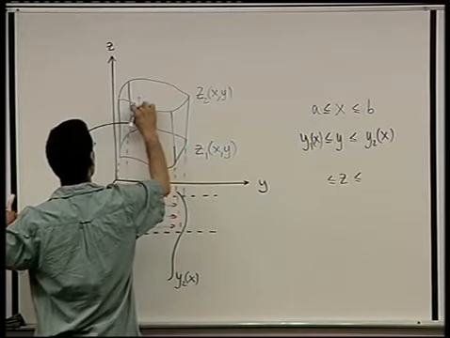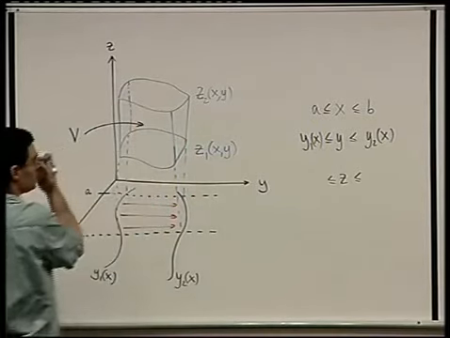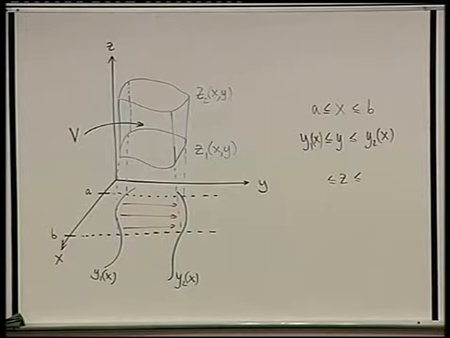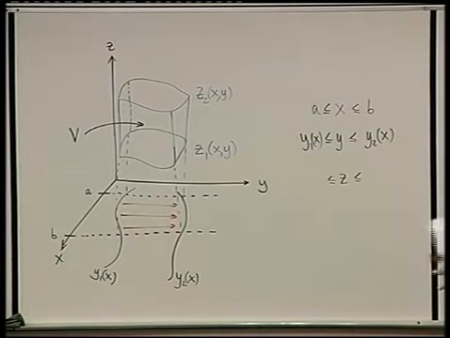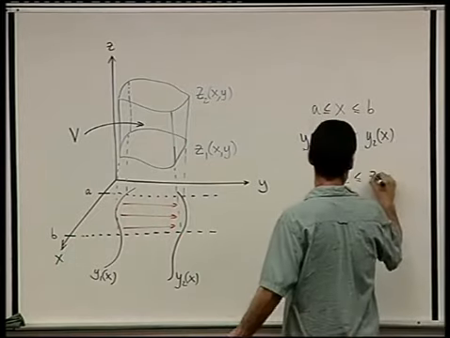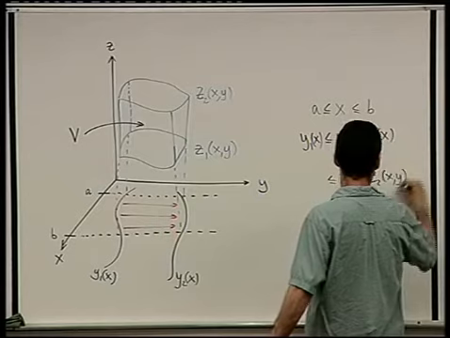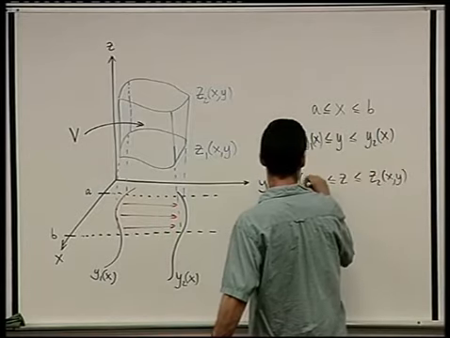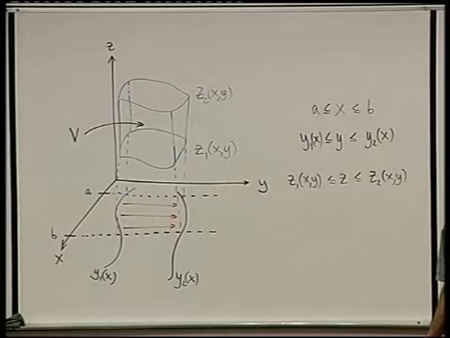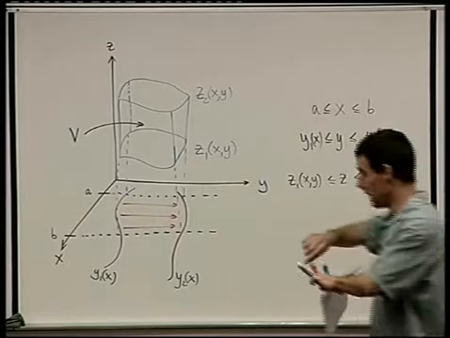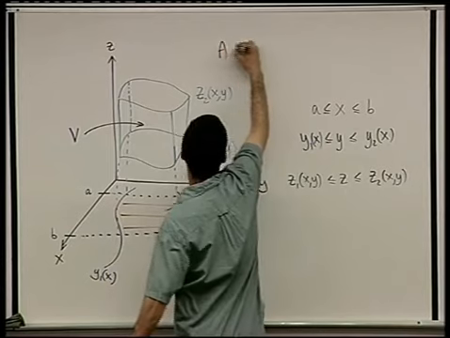Sorry, this one's in the back. Clear? Can you kind of imagine it? Okay, so z is between z2 of x, y and z1 of x, y. So this is a simple domain.